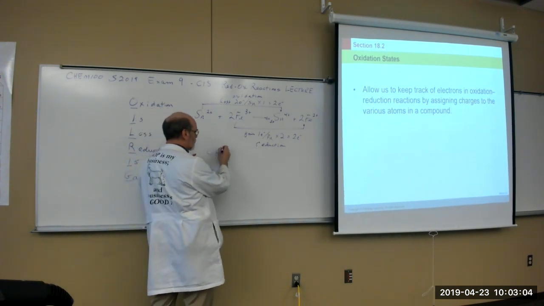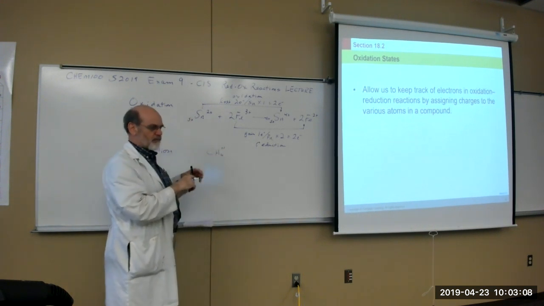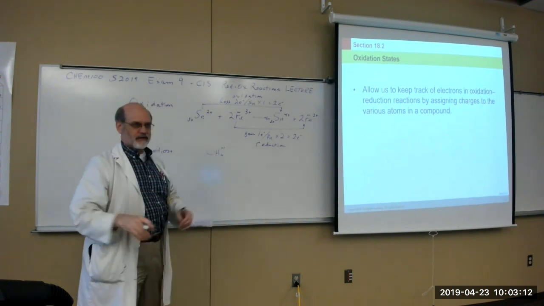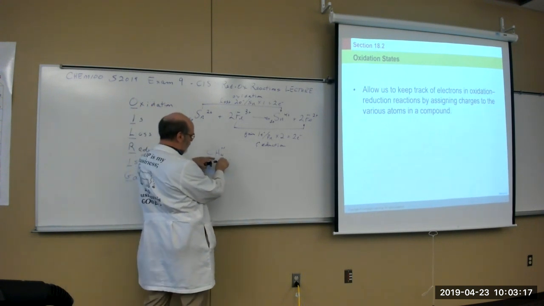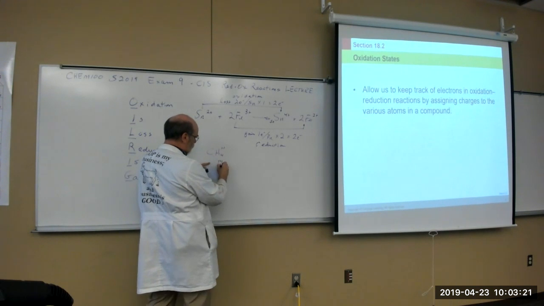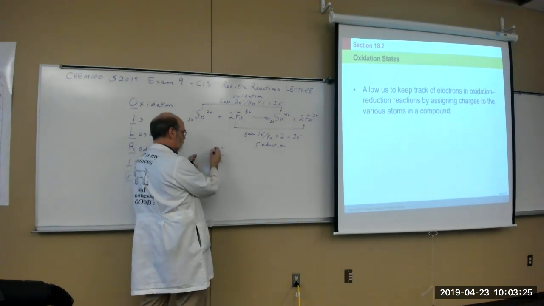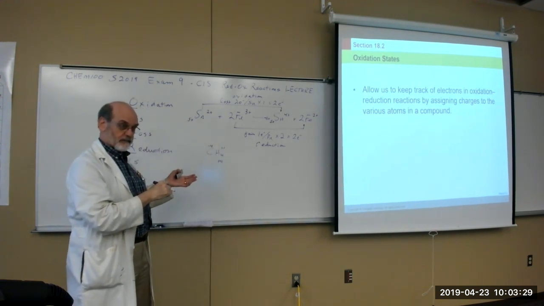And hydrogen is given a +1 charge all the time. Rarely is it a -1. And when it's a -1, well, you won't have to worry about that. I'm not going to throw that one at you in this class. But here we have a +1 for each one of those, so we have +4 total, right? So in order to make this whole thing neutral, carbon has to be -4, right?